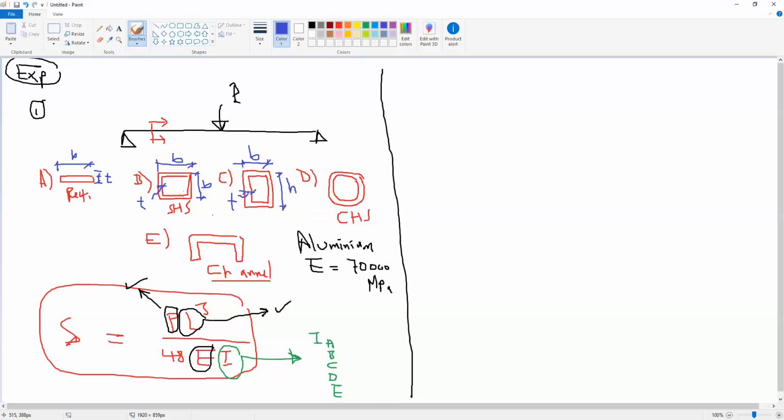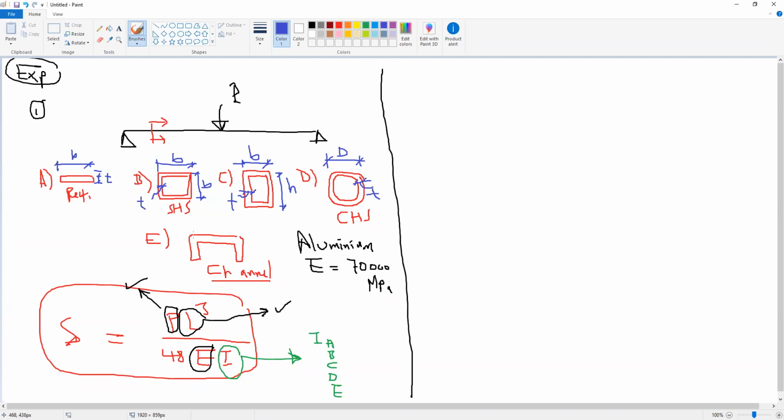Because if you know the outer dimension and the thickness, you can find the inner dimension. Also here, if you know the outer diameter d and the thickness t, you can find the inner dimension.